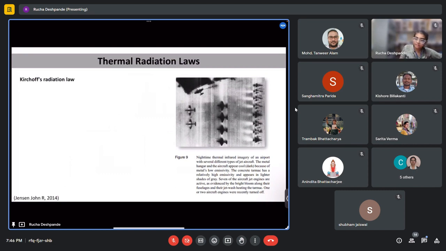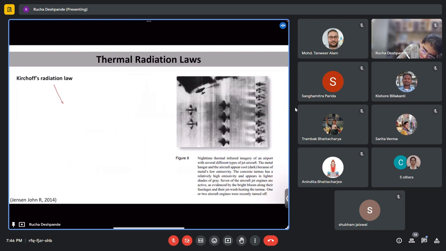Okay, next we have Kirchhoff's radiation law. Kirchhoff's radiation law is based on the law of conservation of energy. When the incident radiant flux phi I is incident on a surface, it will either be reflected, absorbed, or transmitted, right?